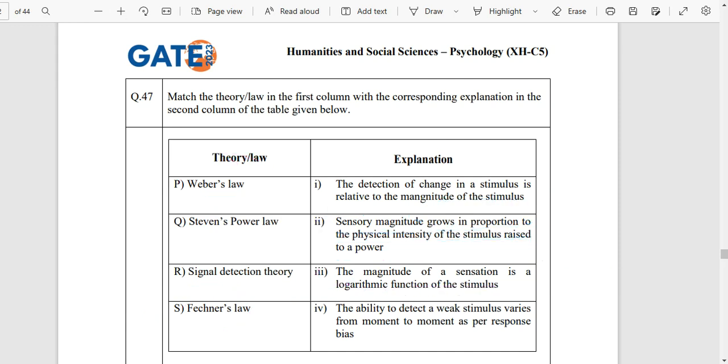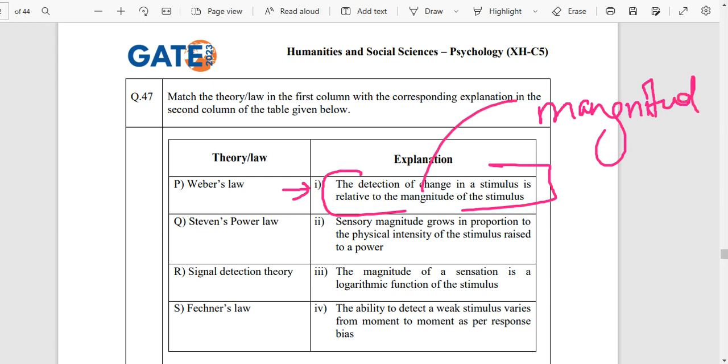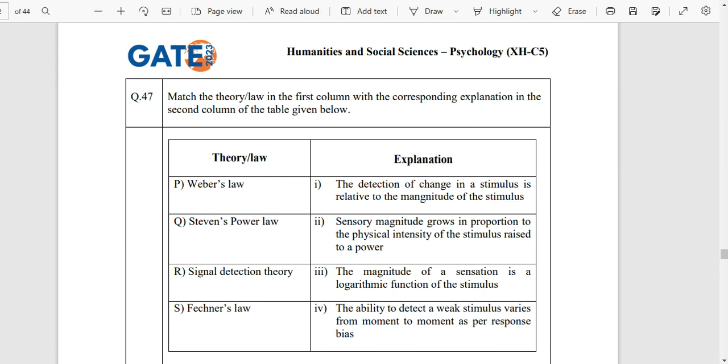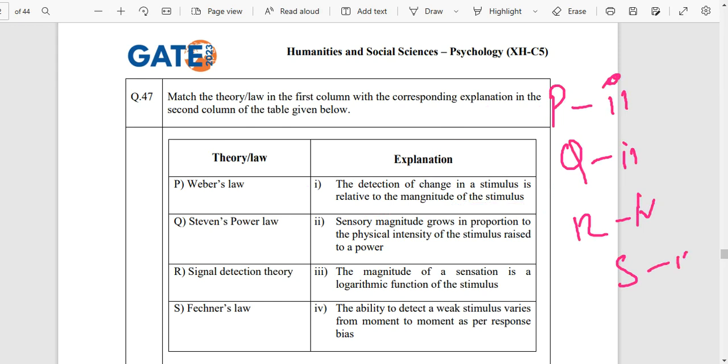And Weber's law states that the detection of change in a stimulus is relative to the magnitude. So we have a spelling mistake over here, magnitude of the stimulus. So what should be the answer over here? It should be P1, Q2, R4, and S3.